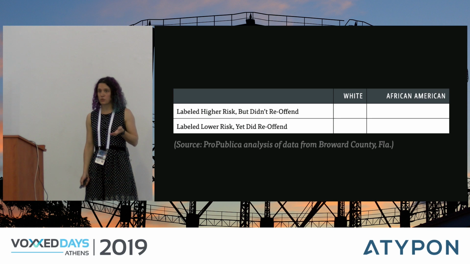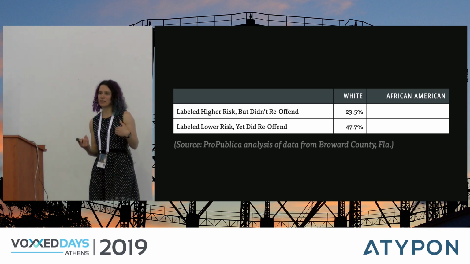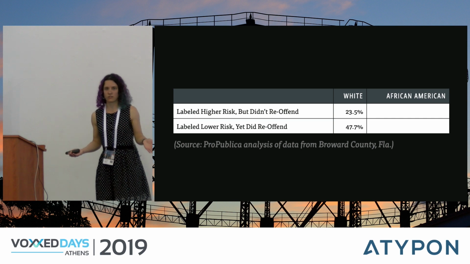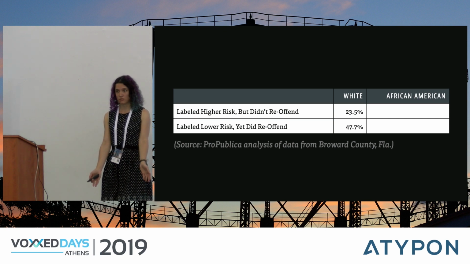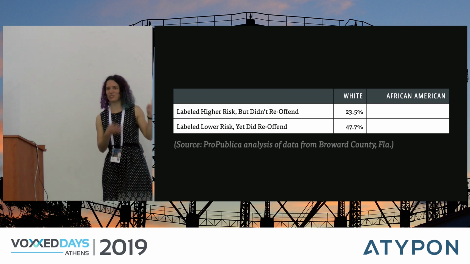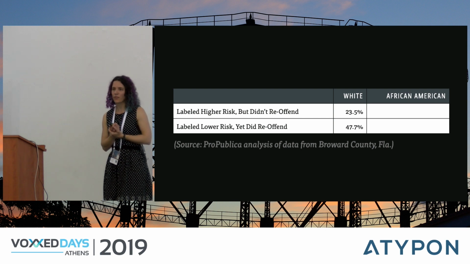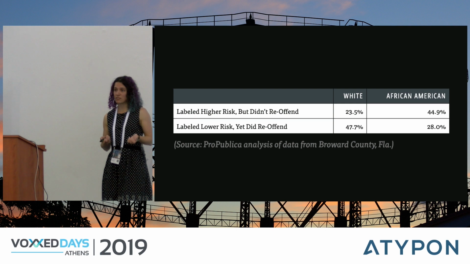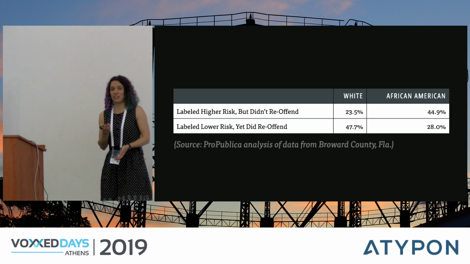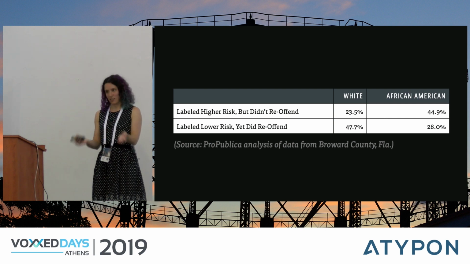And what was found was that for people who were white, it was more likely to accidentally think that they weren't going to reoffend when actually they were going to reoffend. I know it doesn't equal 100 because this is only the negative cases. But for African Americans, it was much more likely to think the opposite and to accidentally believe that somebody was going to reoffend when they actually weren't.